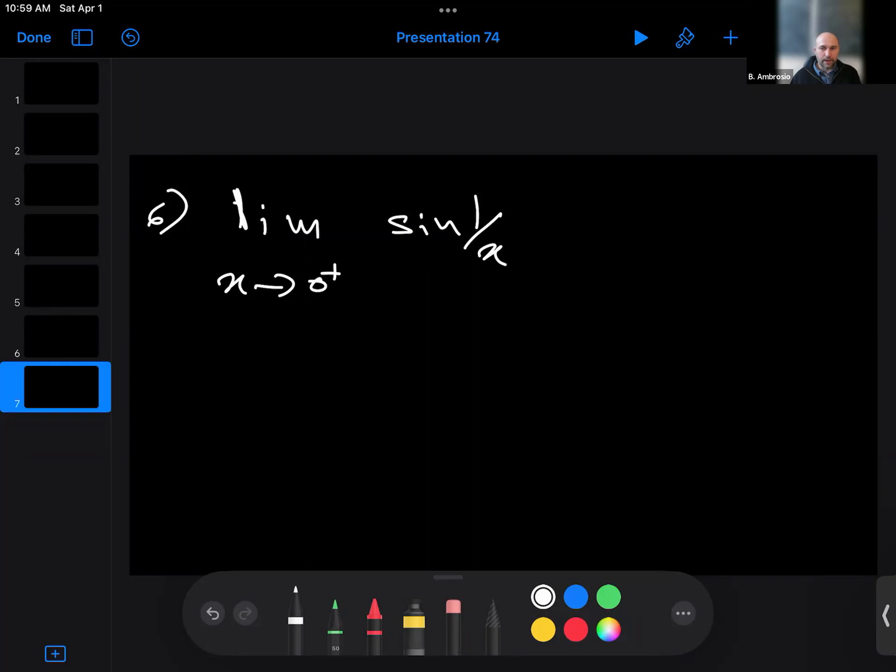Can you figure out what's going on as x goes to 0 plus in this expression?